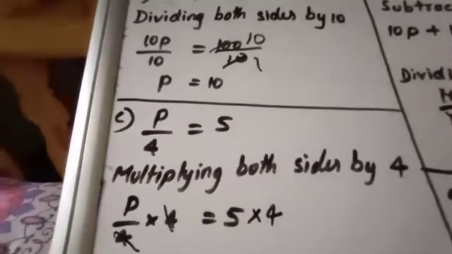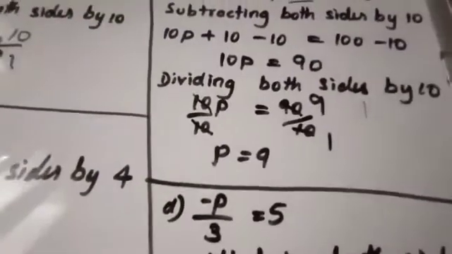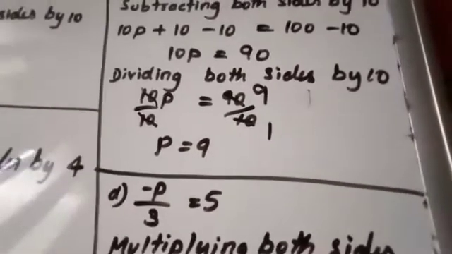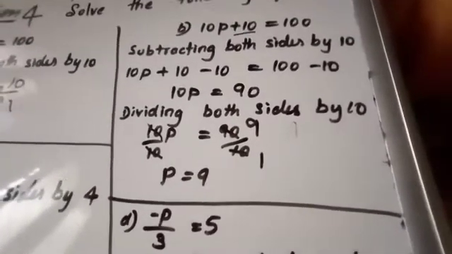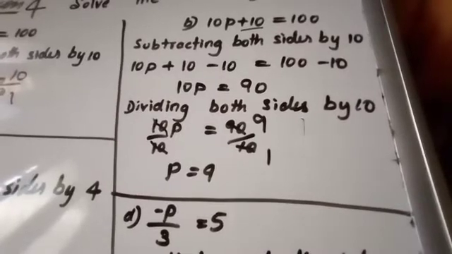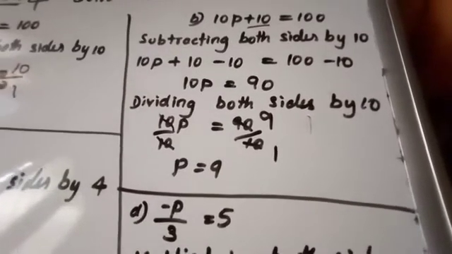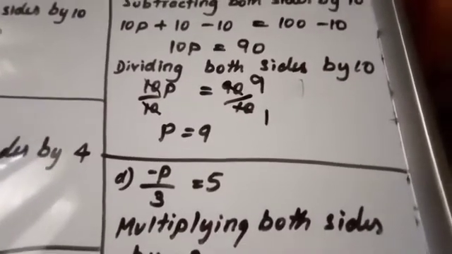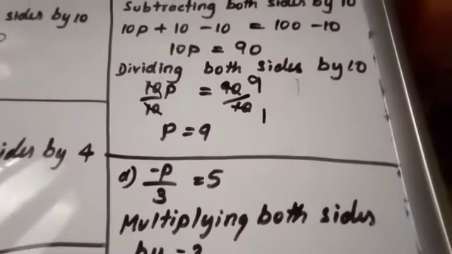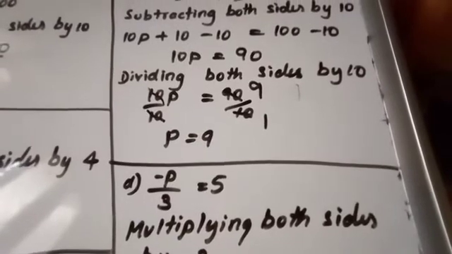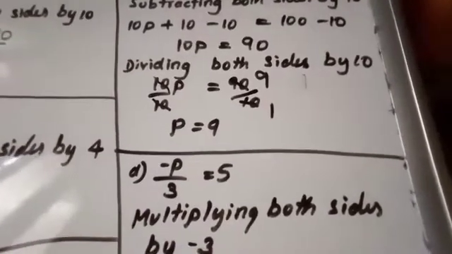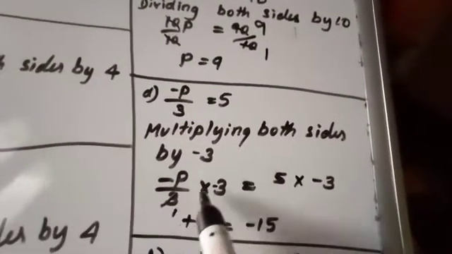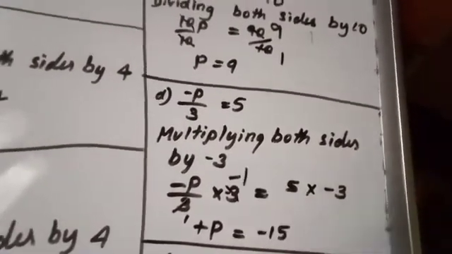Now let us go to the D question. Minus p divided by 3 is equal to 5. Here minus p is there, my dear students. The variable is in the form of minus, so let us be a little careful. Multiplying both sides by minus 3. The 3 gets cancelled. 3 ones are 3, minus 1s are minus.